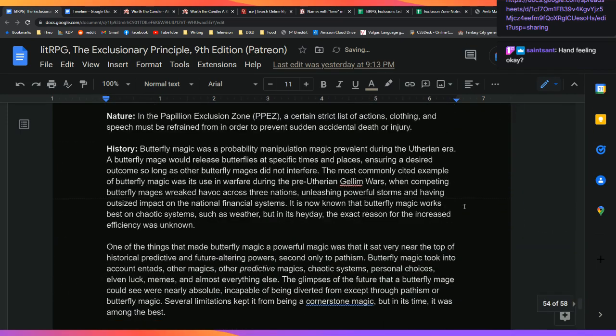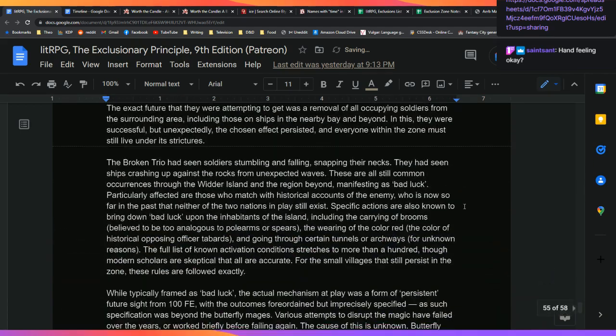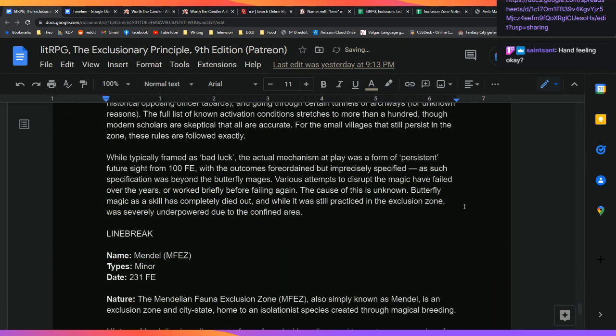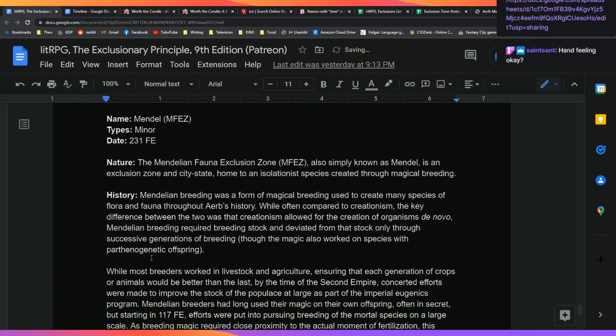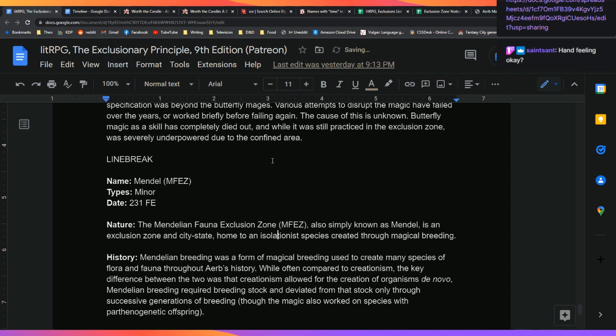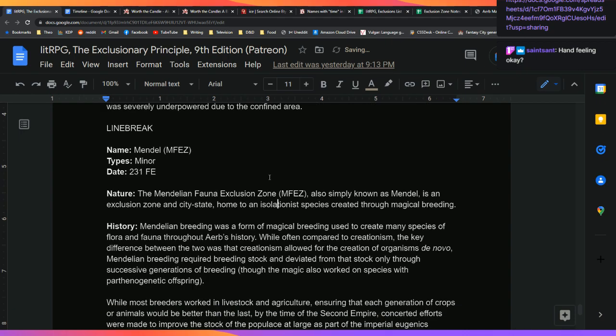So the scope creep or feature creep in this case is I'm like, oh, I should add a picture for every one of these zones. I should add some pictures that are just generated by Midjourney or Stable Diffusion or something for all 80 exclusion zones.